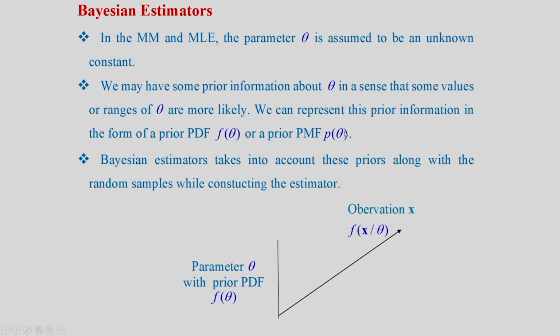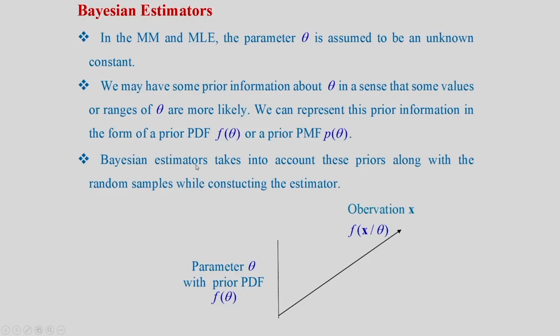So, this is important. Whatever prior information about theta is available, that is expressed in the form of a PDF or a PMF. Bayesian estimators take into account these priors along with the random samples while constructing the estimator. That is one important aspect. Now, we will use the random data as well as the prior f theta or p theta.